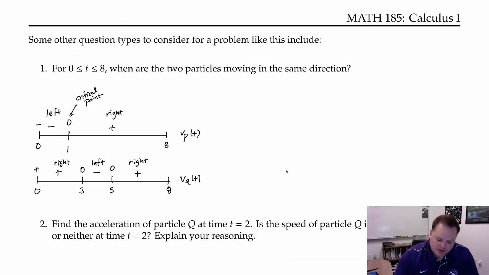All right, so now that we have that, when are the two particles moving in the same direction? So both particles are moving either left, or both particles are moving right, and so on. So you can see here on the interval from 1 to 8, this one's always moving right. So 5 to 8, they both agree.